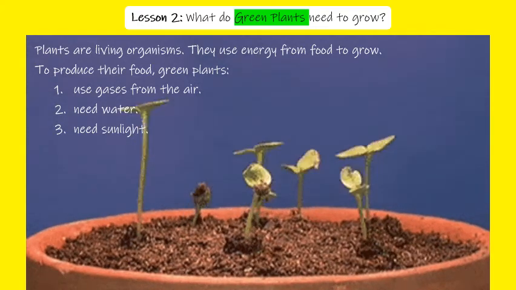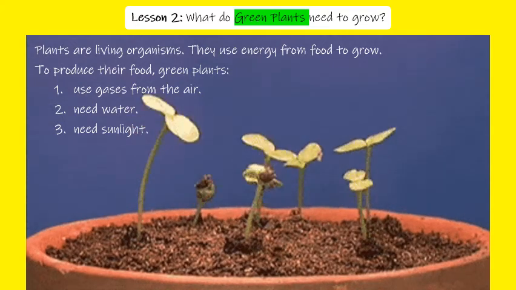Gases, water, and sunlight. So green plants are producers or autotrophs. They use gases, water, and sunlight to make their food.